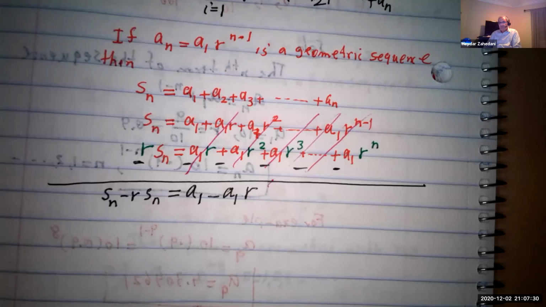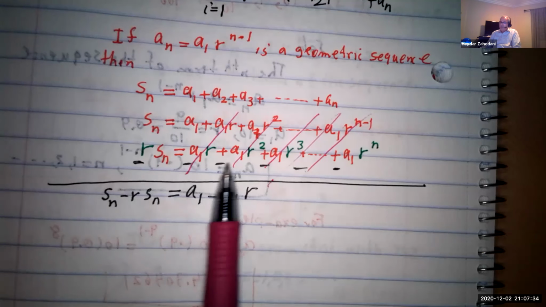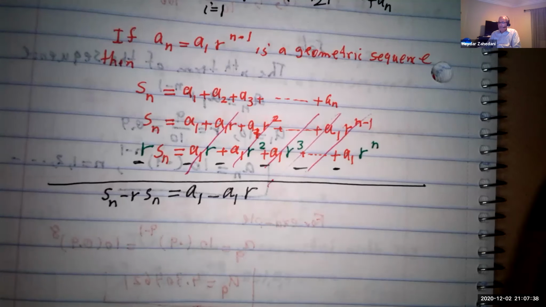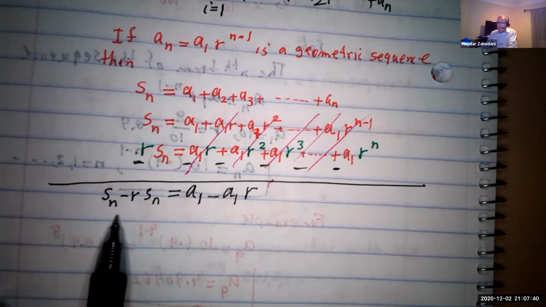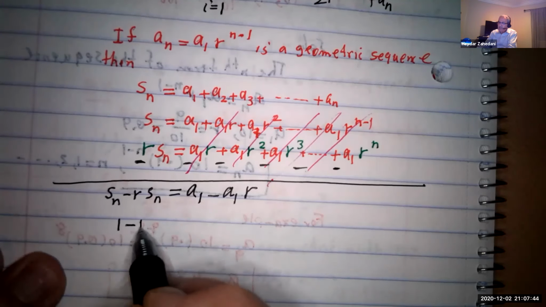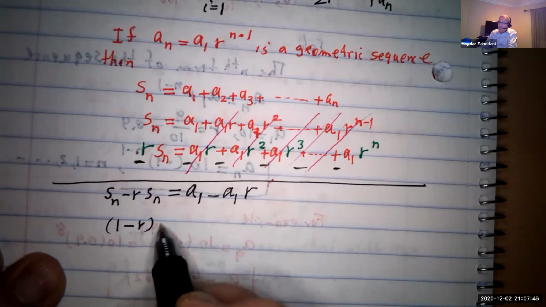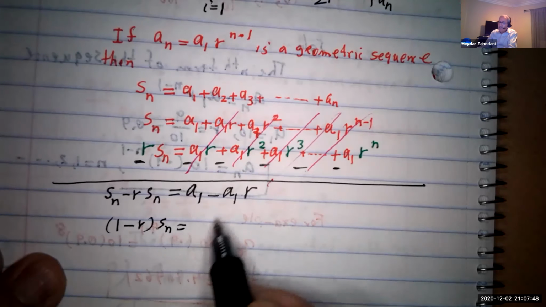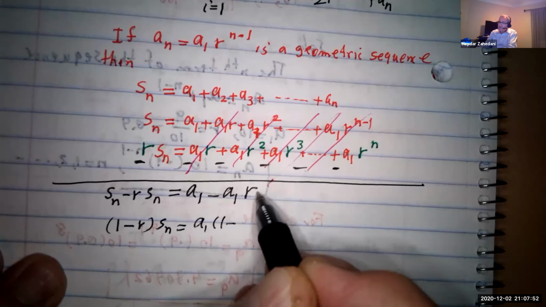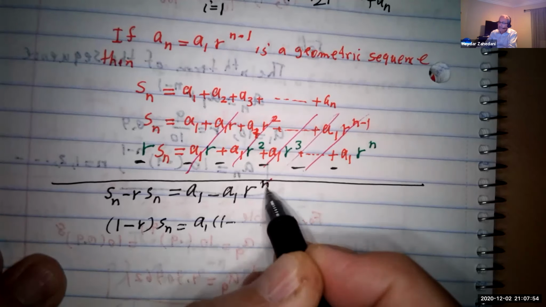So I got the first one, Sn. I multiply everything by r, so I push the powers one forward, if you like. So everything would be canceled out. Remember, I'm looking for Sn, so I can do it now. I factor out the Sn, that gives me 1 minus r. I factor out the a1, that gives me 1 minus, I'm sorry, this is r to the n.